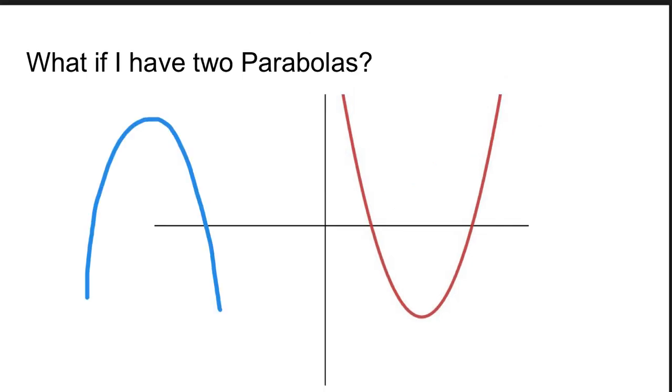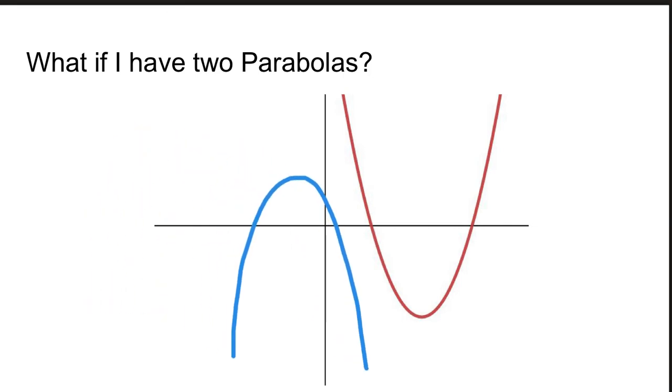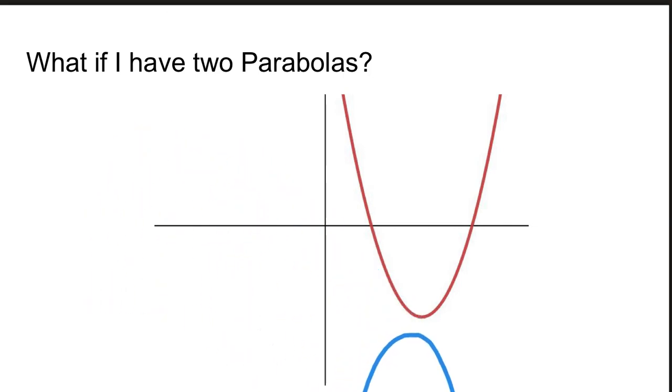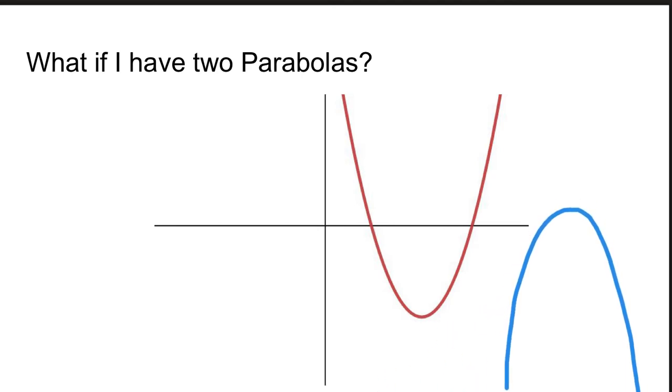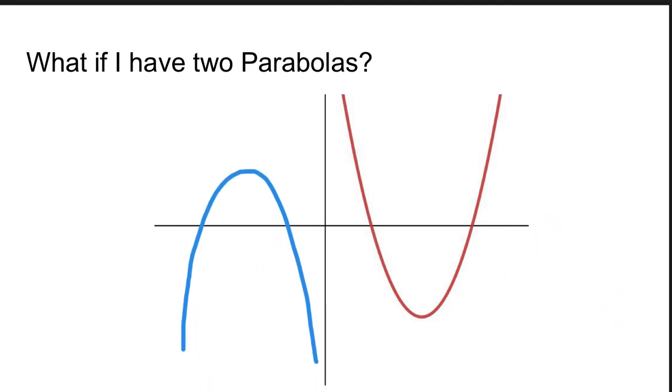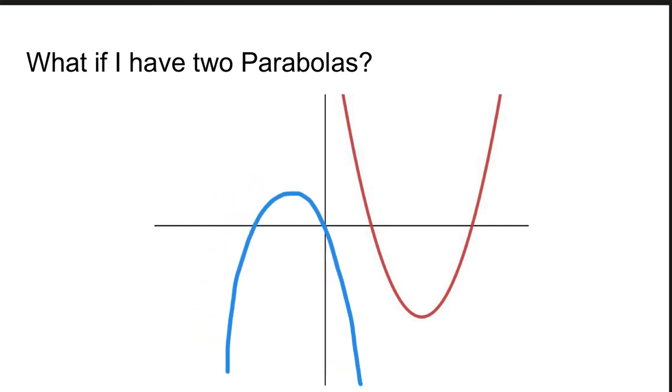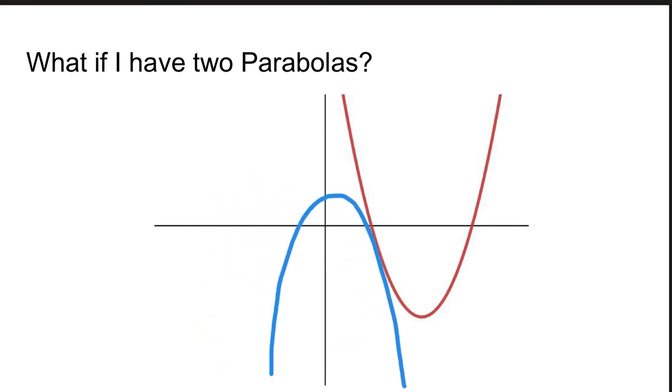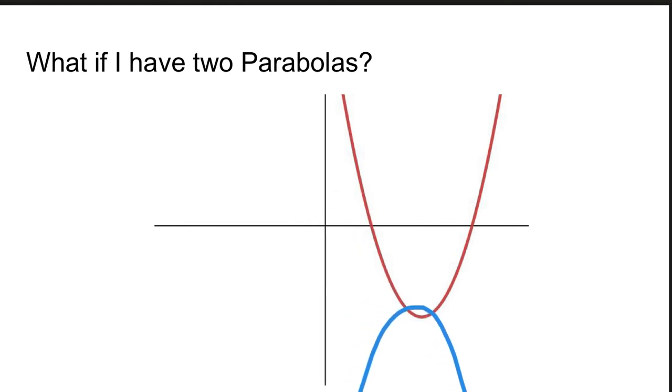What if we have two parabolas? Here's a parabola, here's a second parabola. We could have the second one anywhere: down here, over here, over here. We can draw two parabolas that will not intersect. Or if I did it just right, or if I put it down here and just the vertexes touch, I could end up with parabolas that only have one solution.